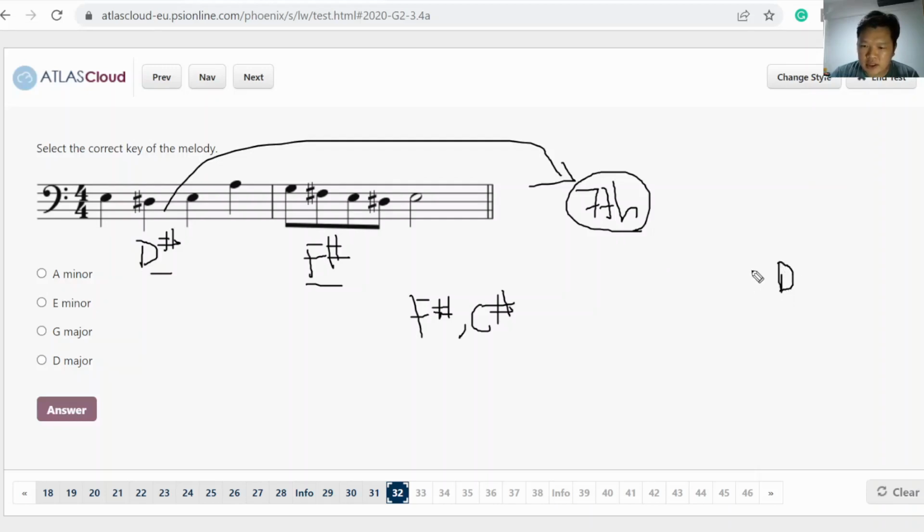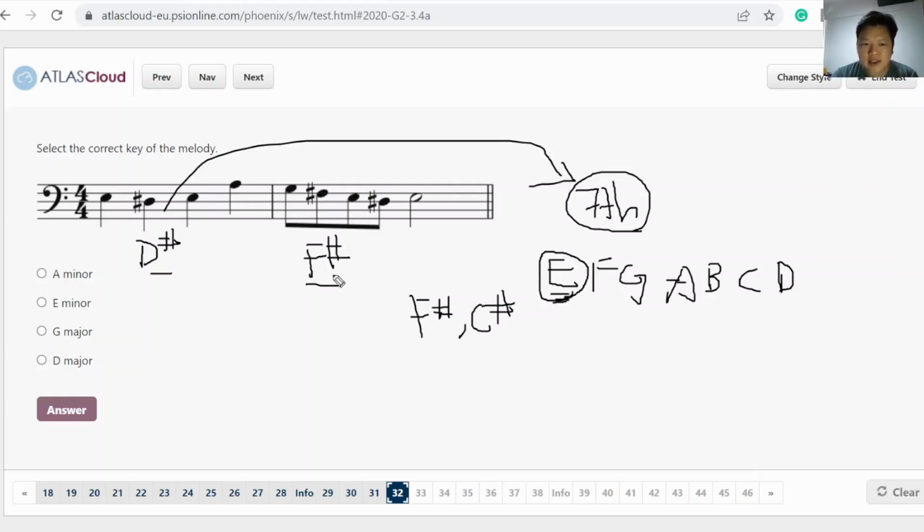So you see D, C, B, A, G, F, E. Okay, 1, 2, 3, 4, 5, 6, 7. So the back to the 1 is the E. So your answer is a E minor. Okay, so this is the first way to find.